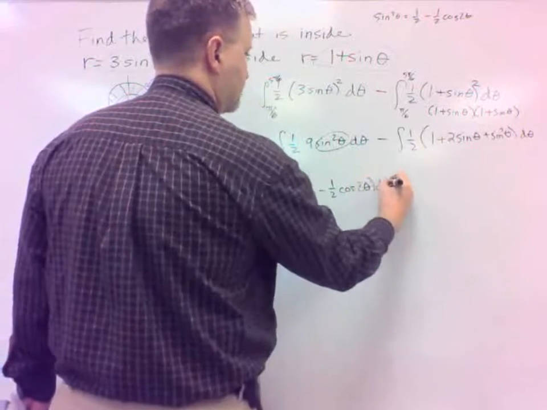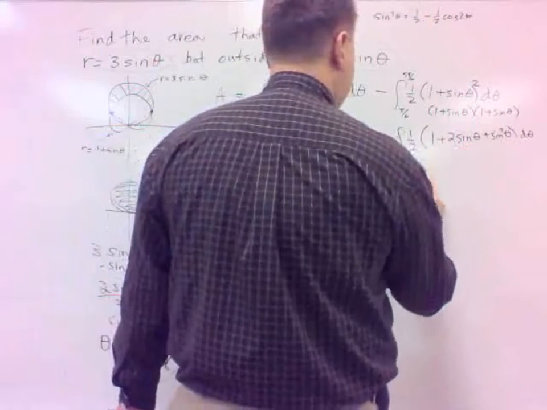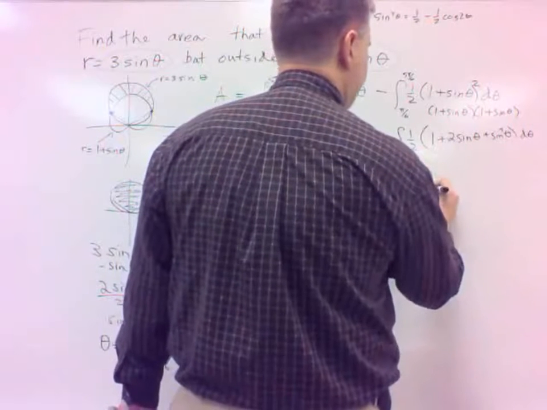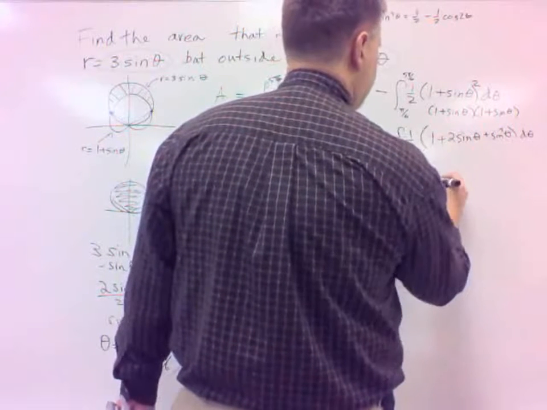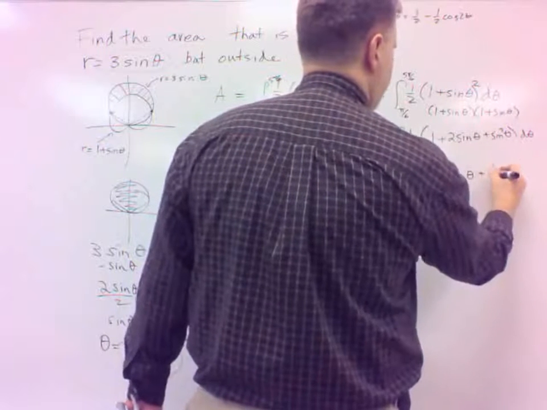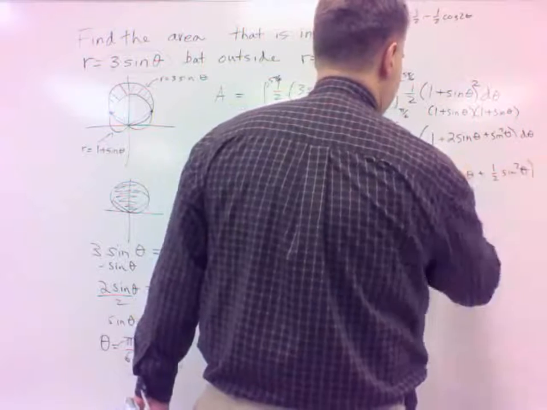Used that one several times now. Here, 1/2 times 1 would be 1/2. 1/2 times 2 sine theta would be just sine theta. And then 1/2 sine squared theta d theta.